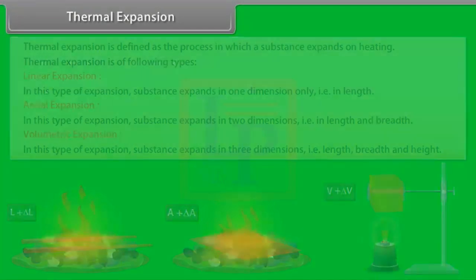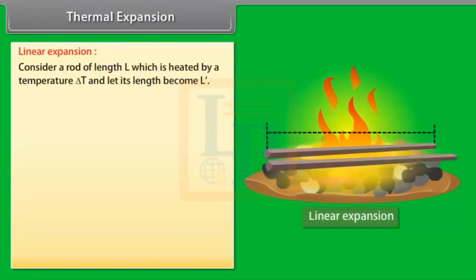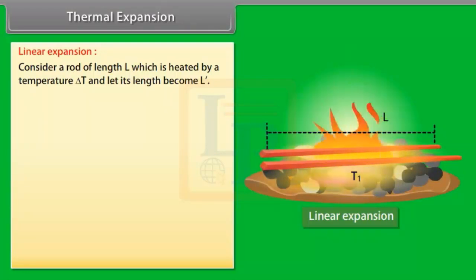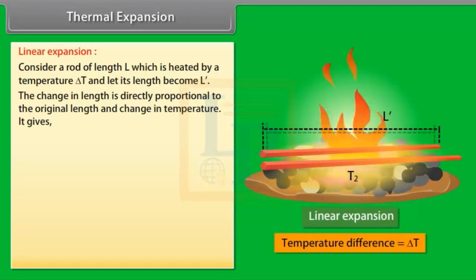Linear expansion. Consider a rod of length L which is heated by a temperature delta T and let its length become L dash. The change in length is directly proportional to the original length and the change in temperature.